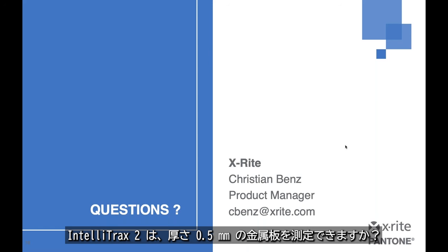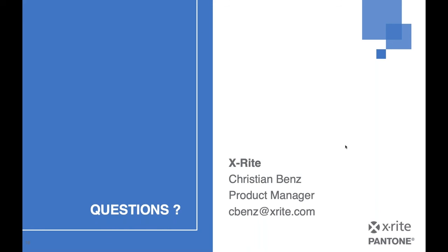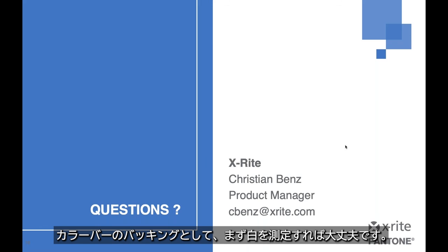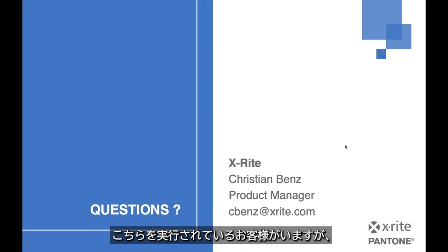Is it possible to use the IntelliTrax 2 to measure on metal sheets with 0.5 millimeter thickness? A very good question, thanks for this question. As long as you print white first as a background for the color bar, this works, and we have customers using this.